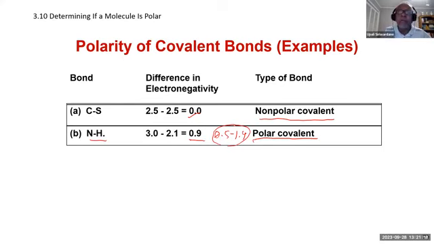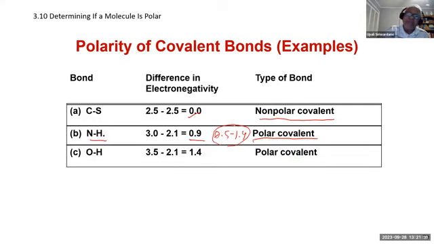Therefore, it's a polar covalent bond. Now we have to decide whether the NH dipoles, polar covalent bonds that produce a dipole, a separation of charge, will cancel out or not.